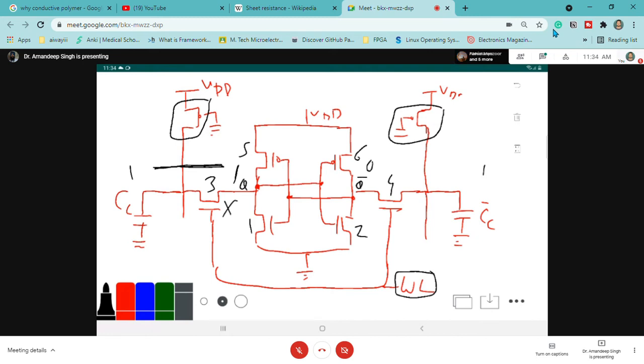But in this capacitance CC, since this is 0 and this is 1, it turns on this M2 and CC is going to discharge through this path, and this capacitance potential will go down.